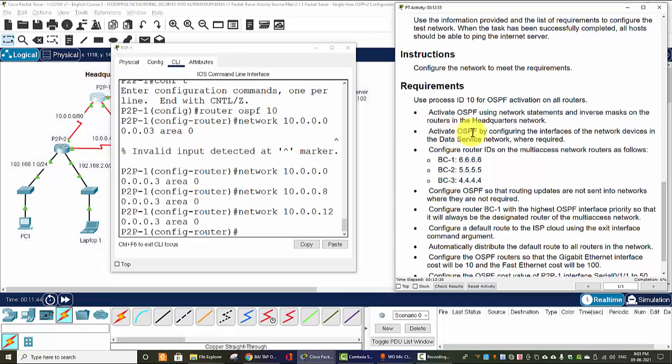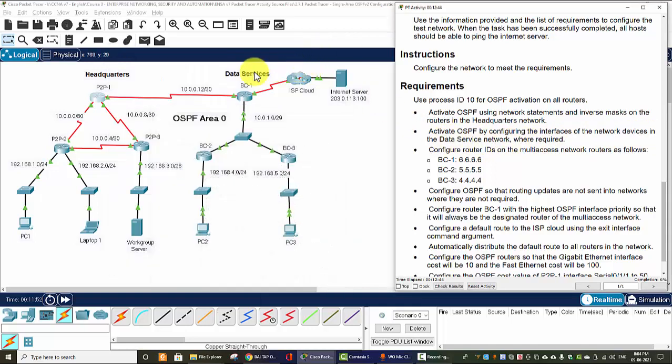Next, we will activate OSPF by configuring the interfaces of the network devices in the data service network where required. In the data service network here, we will configure the BC1, BC2 and BC3 routers.